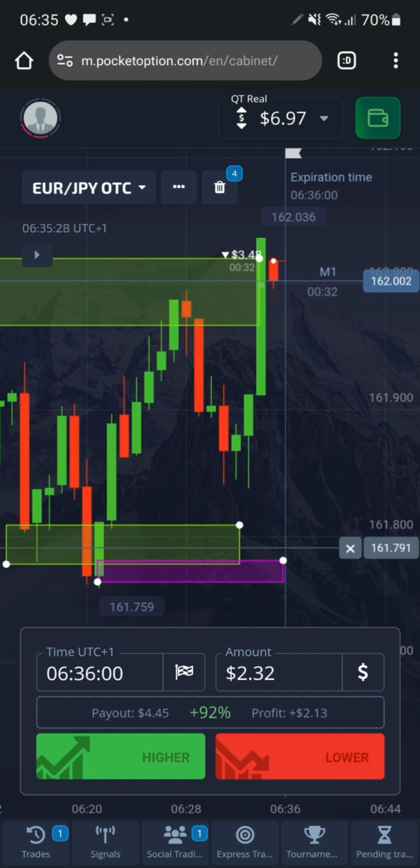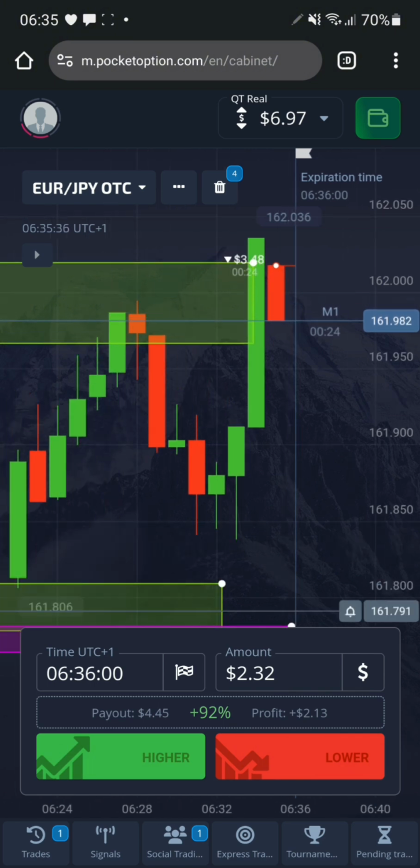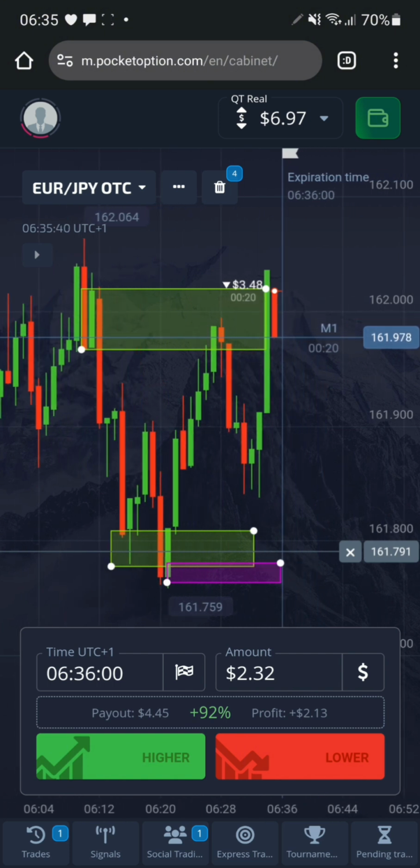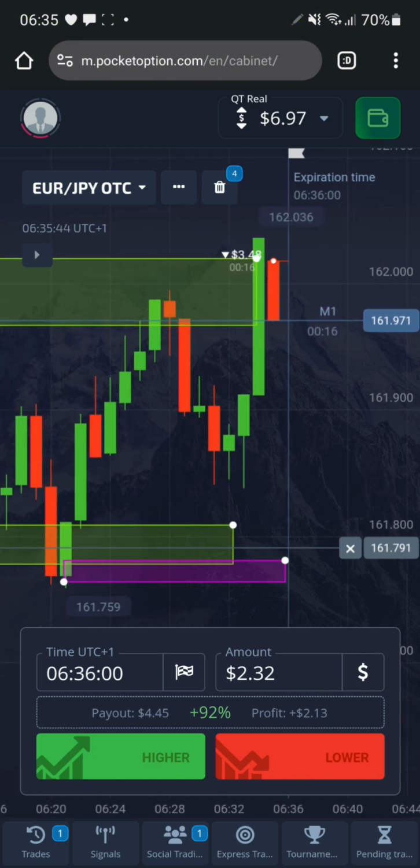Most of the time when you have this kind of Marabozu candle, they end up in retracement. But this gap down now is making me very nervous. I wasn't anticipating it at all, because the gap down is usually in favor of the buyers. But I hope we win this. That gap down was crazy.